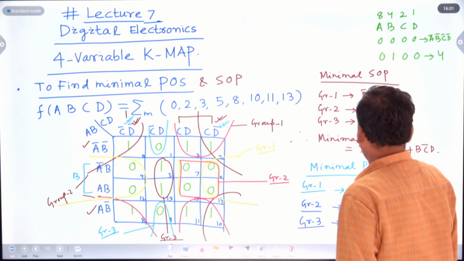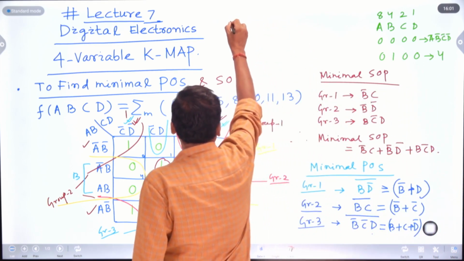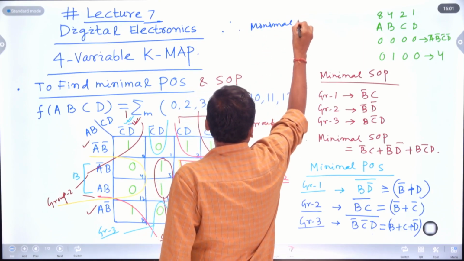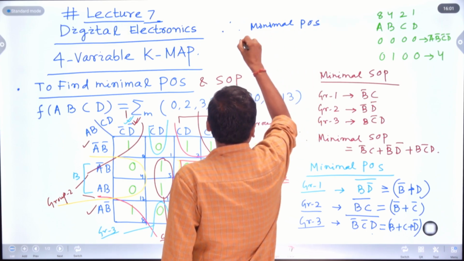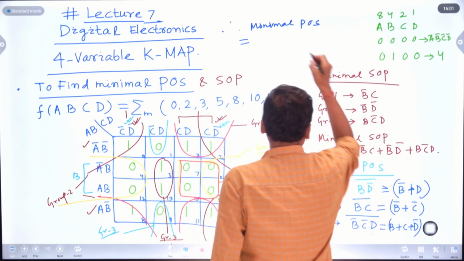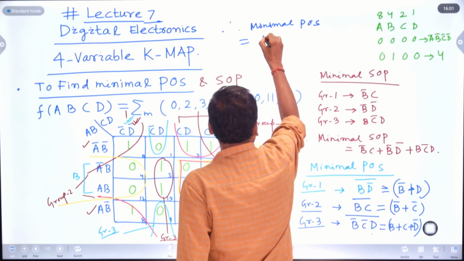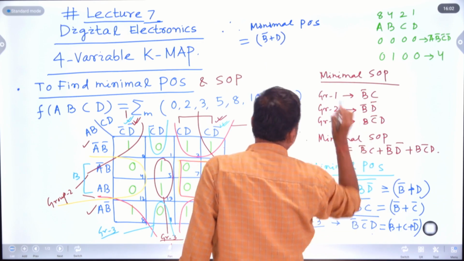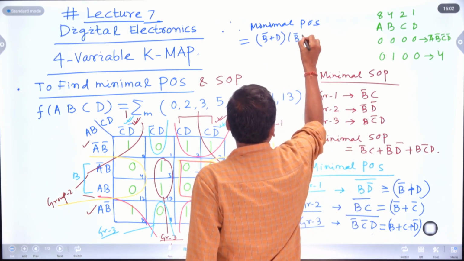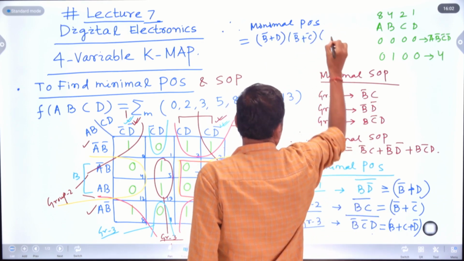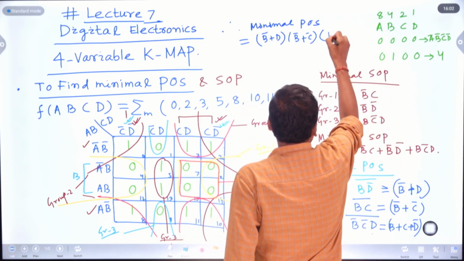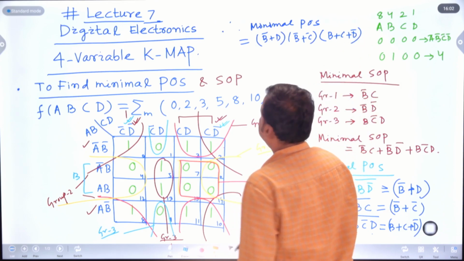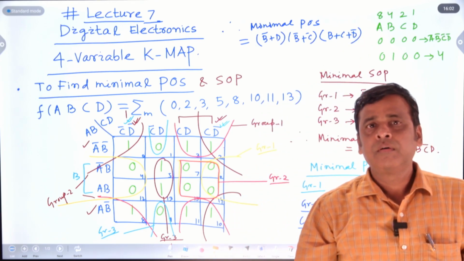Therefore, the minimal POS equals the product of sums: B bar plus D, into B bar plus C bar, into B plus C plus D bar. This is your minimal POS.